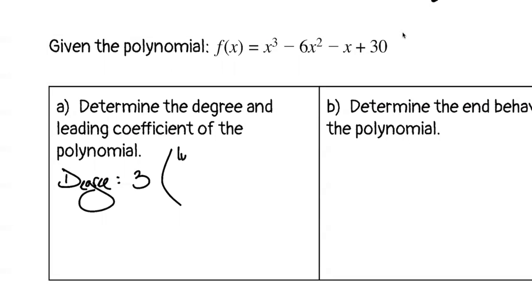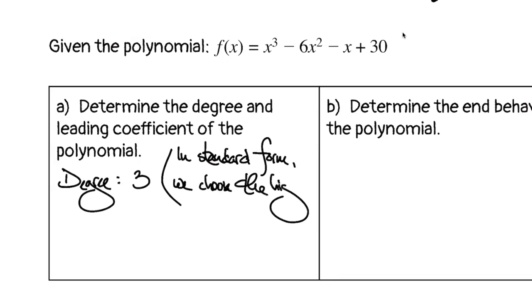So in particular, in standard form, we choose the highest degree. The key here being in standard form. Standard form means it's already multiplied out.